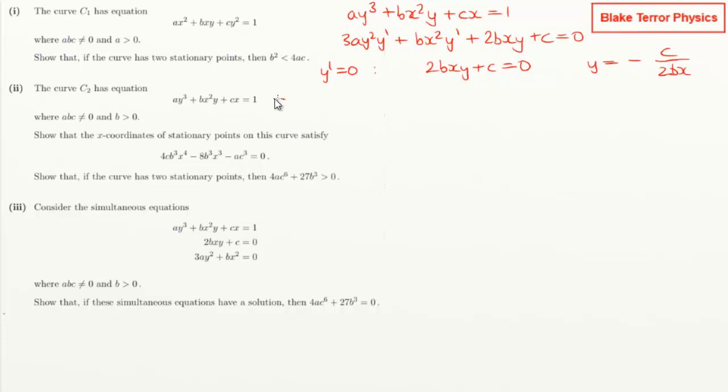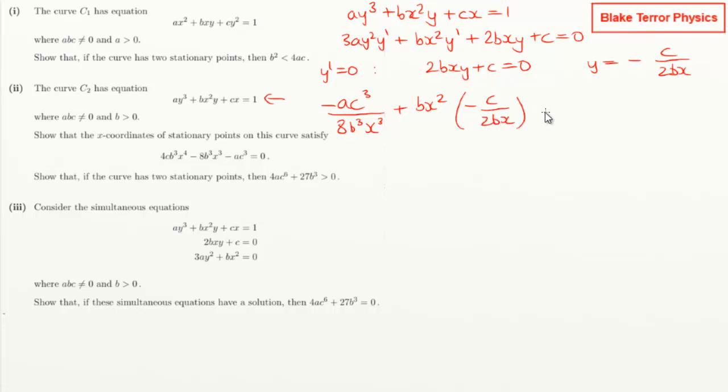So let's stick it back into here. So I've got a times y cubed, so that is going to be minus ac cubed over 8b cubed x cubed. Then I've got a plus bx squared times y, minus c over 2bx.